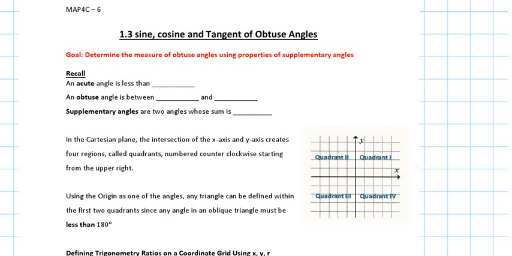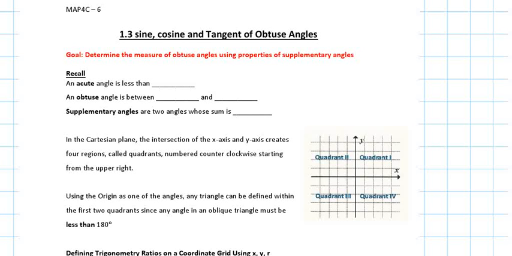They're always positive for both acute and obtuse angles, right? What did we learn about cosine? Positive for the acute, yep. Negative for the obtuse. How about the tan? Same. So same as the cosine, right?